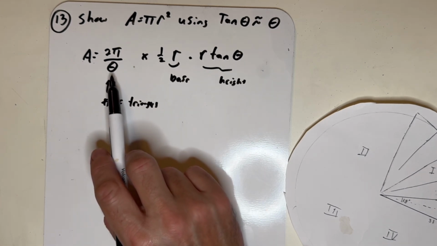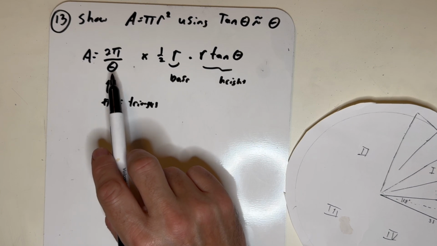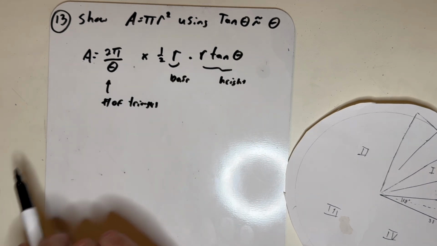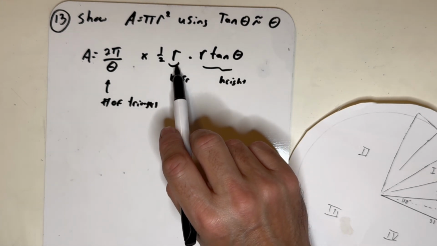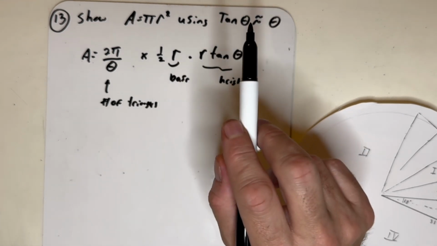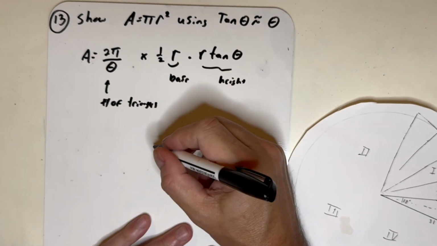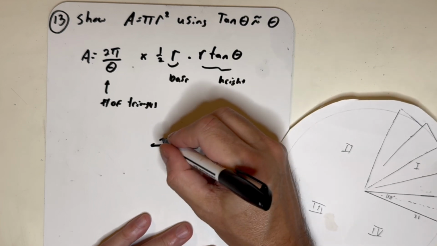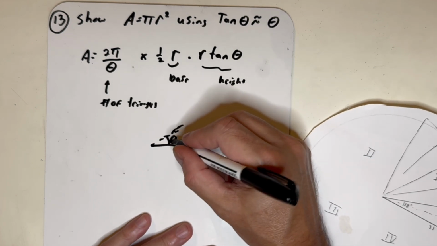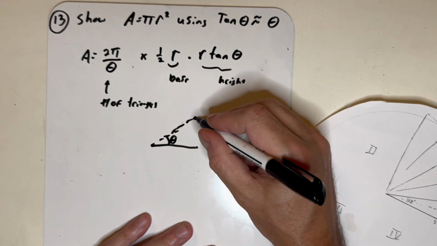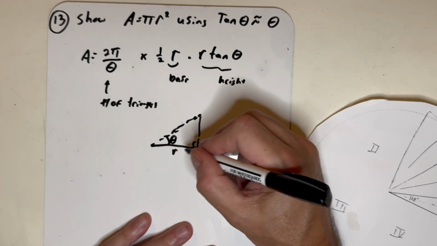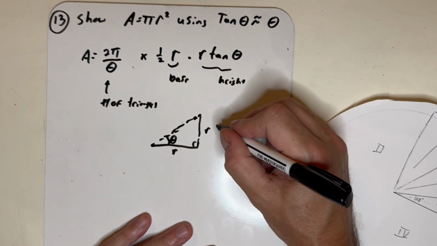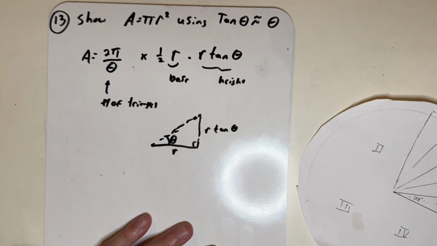So if we used 18 degrees again, we'd have 20 triangles to fill the whole circle. And then we choose our base, r, that's just the radius of our circle. If we know the radius and we know the angle theta, then we know this distance here, because if this is r, this is just r times the tangent of theta.